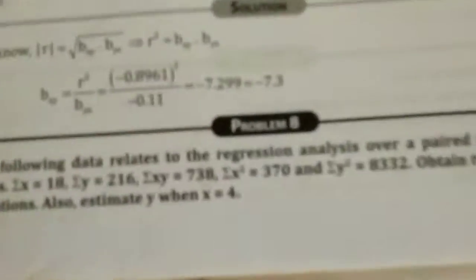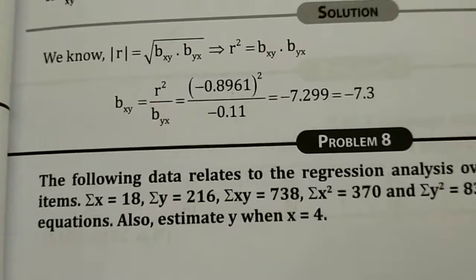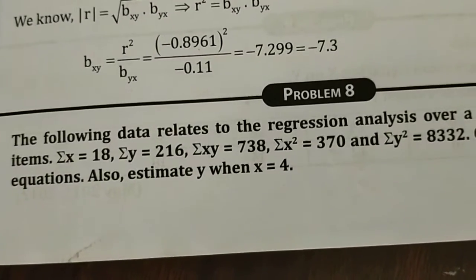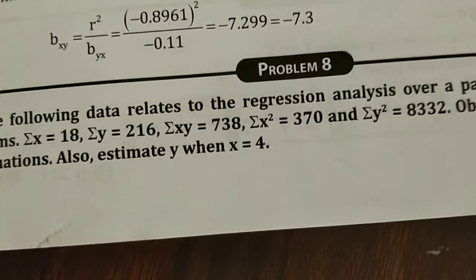Here is one more question, just try this. The following data relate to the regression equation. Next class, if you tried it, just ping me the answer. If you didn't get the answer, then in the next class I will explain how to solve this problem.